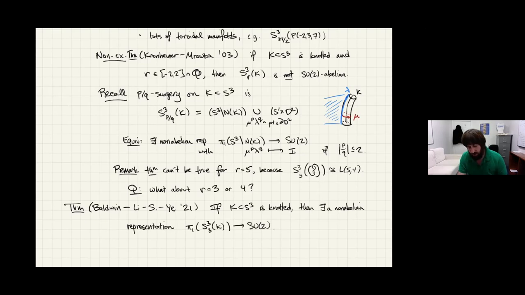And if we just proved it for 3 surgery, that would answer this question of Kronheimer and Mrowka. The case for R equals 4 was a little bit easier, and John and I did that 2 years ago.